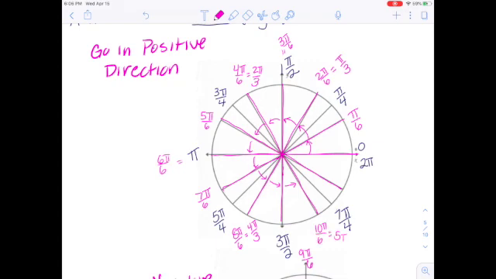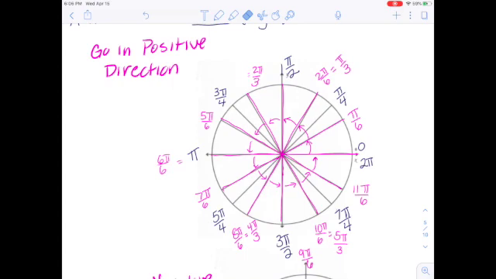Keep going. 10 pi over 6, which we're going to simplify to be 5 pi over 3. Almost done. Keep going. We're at 11 pi over 6, which doesn't simplify, and all the way around your unit circle in 6 pi over 6's would be 12 pi over 6, which of course simplifies to be 2 pi.